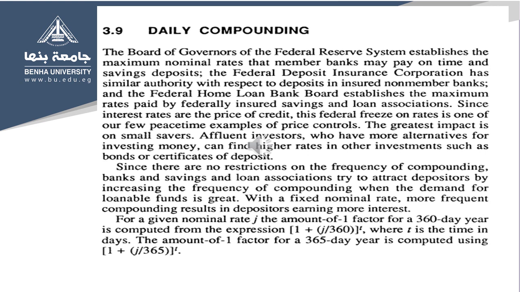The amount of one factor for a 365-day year is computed using (1 + J/365)^T. Until now, there is no problem about daily compounding.